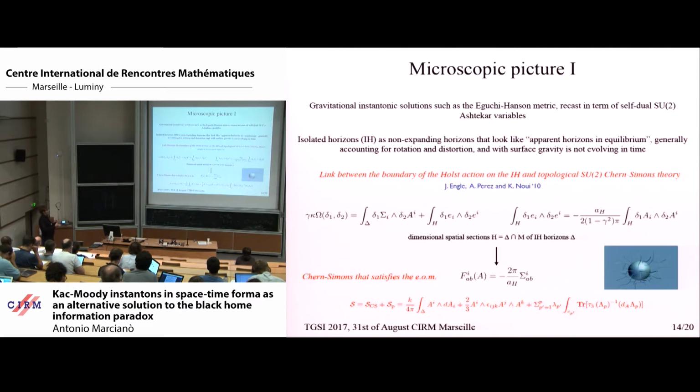What we can do now is to think of this metric and relate it to the description in terms of isolated horizons. Isolated horizons are null expanding horizons, so basically horizons of black holes which have dimension 2+1 and topology S2 cross R.